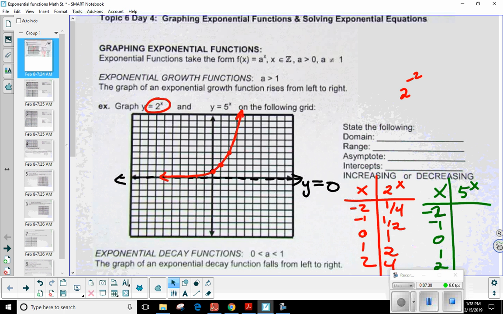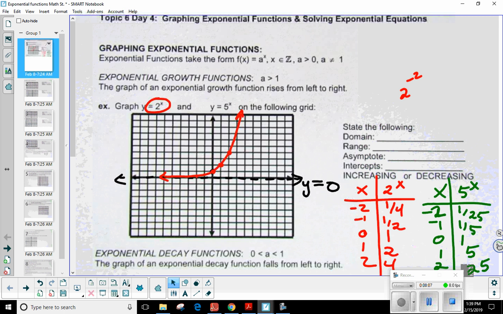I actually did this one just a moment ago, 5 to the -2. 1/25, which is smaller than the 1/4 we had just a second ago, and I want to bring up that point in just a second. What about 5 to the -1? 1/5. 5 to the 0? 1. Then 5 to the first, and 5 squared.